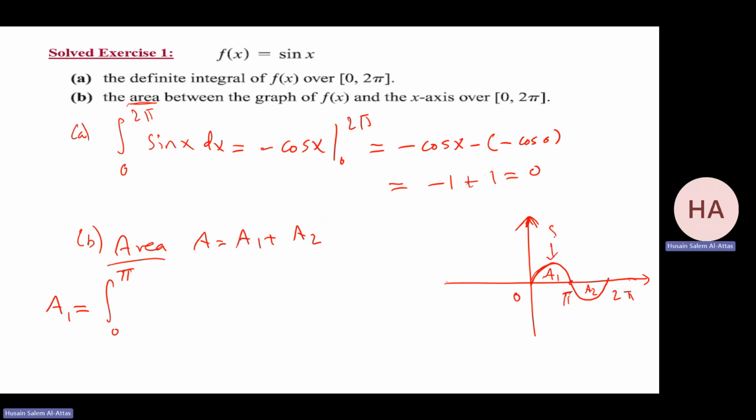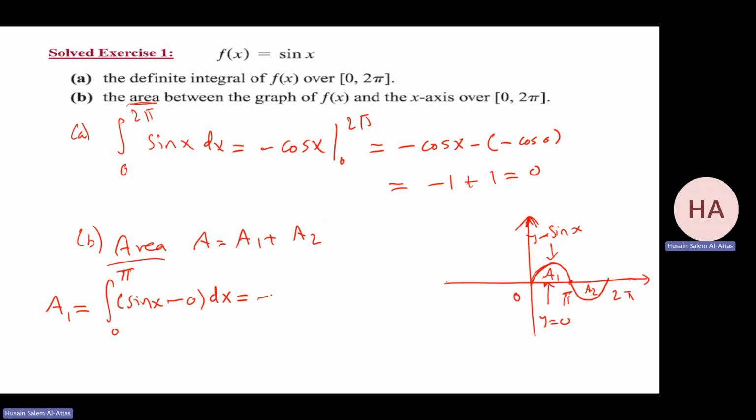The upper is the function y equals sine x. And the lower is y equals 0. So it is sine x minus the lower, which is 0. Yes, I know it's sine x minus 0, sine x, but just for completeness, I'm doing it this way.